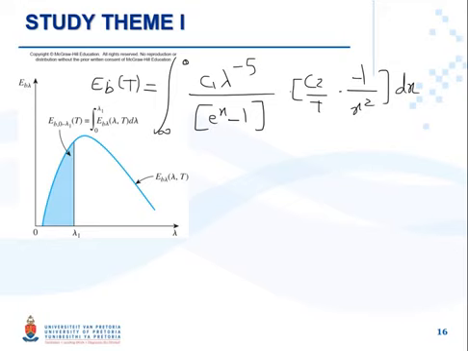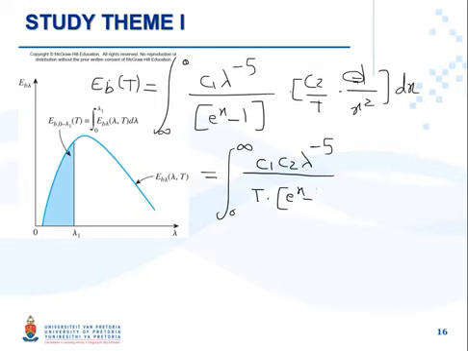So here we have a minus, we can apply it into the boundary, so it will be 0 to infinity again, C1 C2 lambda^-5 T over e^x minus 1 x^2 dx.